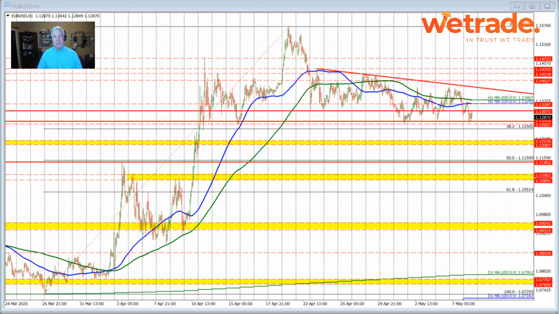However, what do we see? We saw the 100 and 200 hour moving averages hold resistance on the rebound in the Asian Pacific session, and that kept a lid on the pair and gave the sellers a go ahead to push to the downside toward that 73 level. So these 100 and 200 hour moving averages will remain as resistance on the top side. We need to get above those levels and stay above those levels.